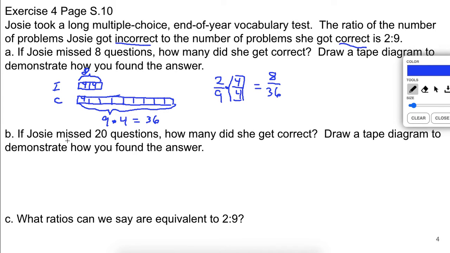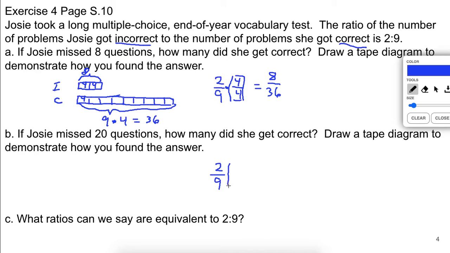Okay? So if Josie missed 20 questions, how many did she get correct? Again, I'm not going to worry about the diagram here. We're just going to go in for time. Let's just use our ratio here. So 2 to 9, you do the diagram on your own. It'd be the same diagram, except you just have 20 above because it's missed on both those.